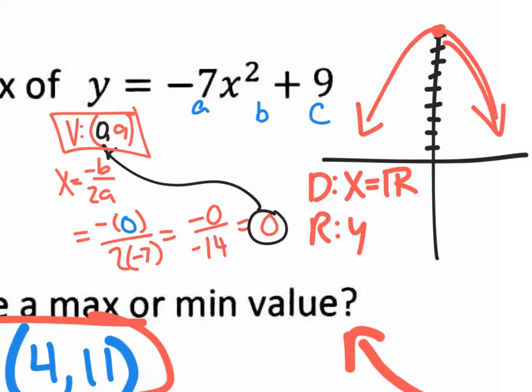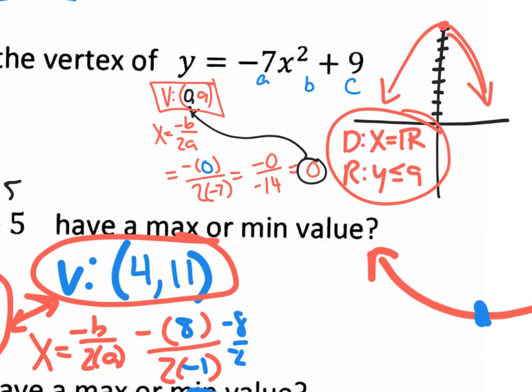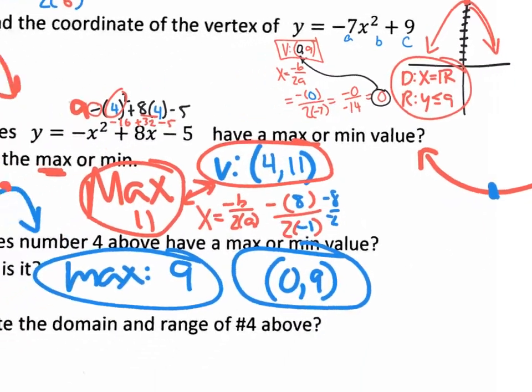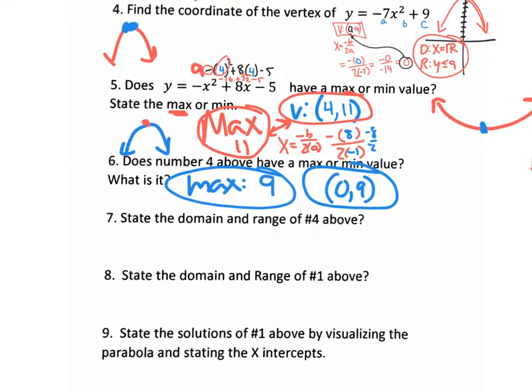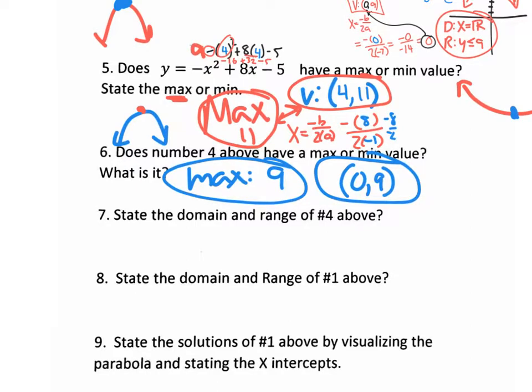Less than or equal to 9, right? If it were above, then it would be greater than or equal to 9. But in this case, it's at 9 and below, so y is less than or equal to 9. So this is the answer to number 7, stating the domain and range of number 4 above.